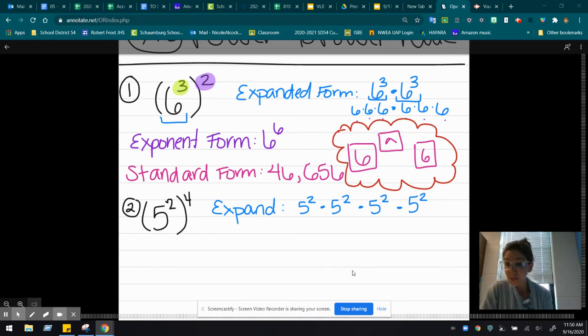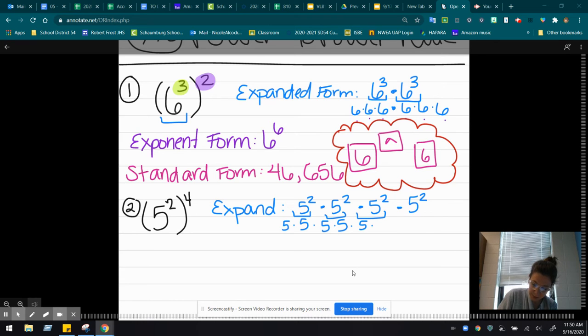And as you can see, I can simplify even more, and it would be 5 times 5 for 5 squared, another 5 times 5 for 5 squared, another 5 times 5 for 5 squared, and another 5 times 5 for 5 squared.